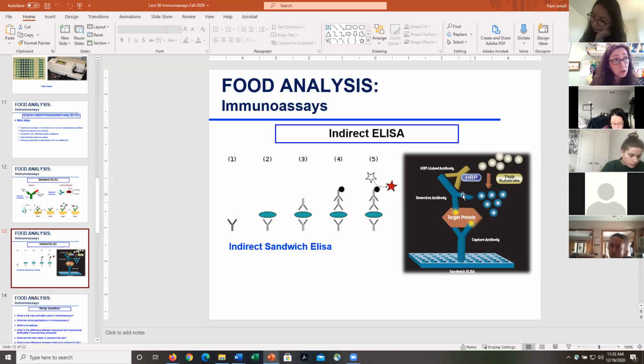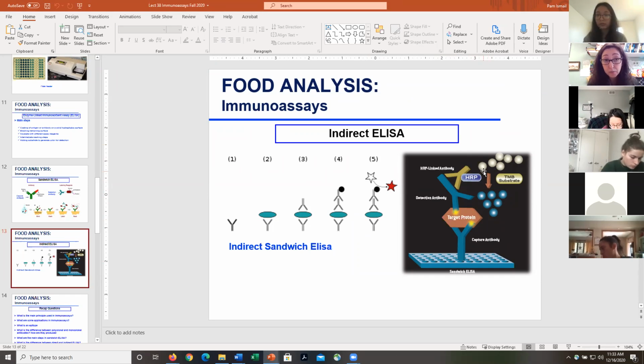So it's really a sandwich ELISA, but the antibody that binds on top is not labeled. So you just have to use a third antibody, the secondary antibody, that is antibody to the antibody. But it's basically sandwich ELISA, but indirect.